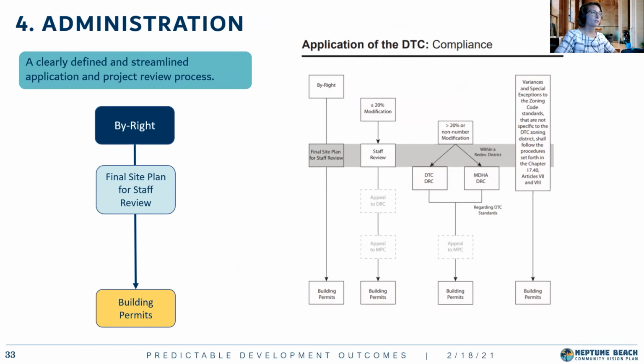And developers or property owners who are building know that if they do what the form-based code has laid out, and if they follow all the standards that have been put in place, that they will be approved, essentially. So it's trying to minimize the amount of negotiation and the need for variances by having the applicants, the community, and the city have a much clearer idea of what's actually possible on any given site.